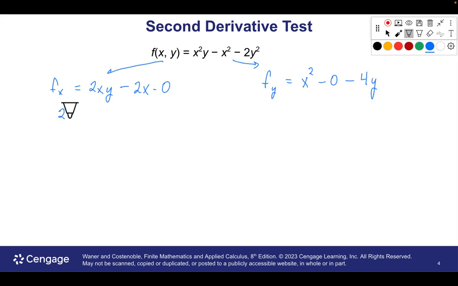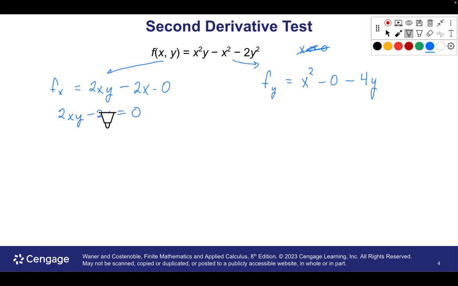So I take 2xy minus 2x equals 0. And I think I remember, I had some extraneous points. I think there was maybe a constraint like x was greater than 0 or something like that. Anyway, we'll get there.